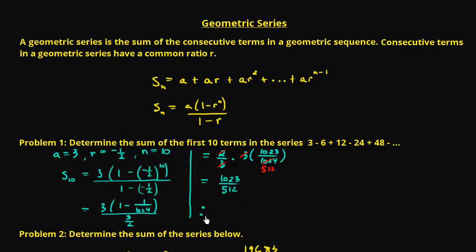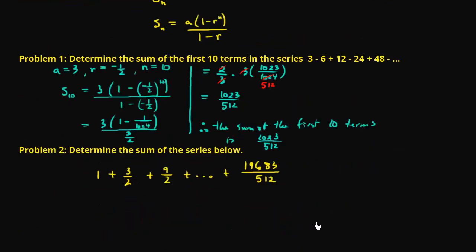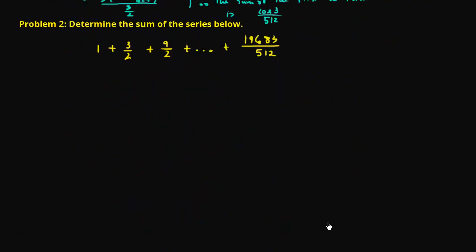So therefore, the sum of the first 10 terms is 1023 divided by 512.